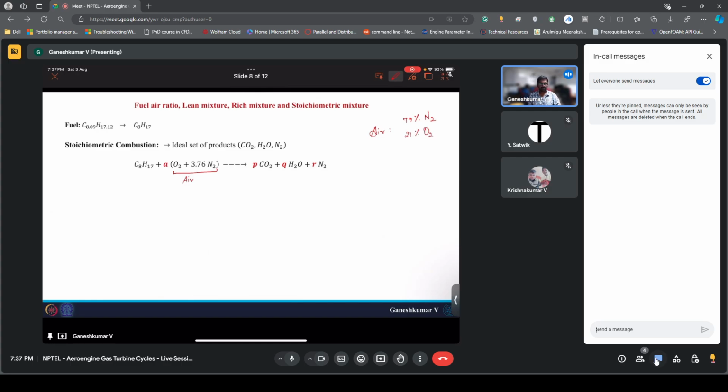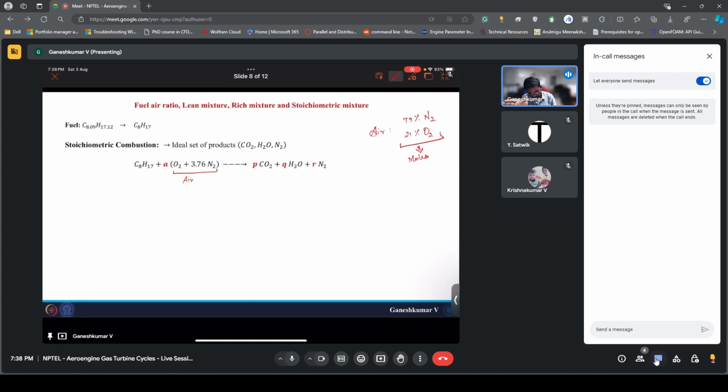If you convert this to moles, for 1 mole of oxygen, if you do 79 by 21, you will end up having 3.76. So if I have 1 mole of oxygen, with it I will have 3.76 moles of nitrogen. That mixture is what is air. Because we know air contains 79% nitrogen and 21% oxygen. So that is why when we write it in terms of reaction, we write it as O2 plus 3.76 N2. So this together constitutes air.